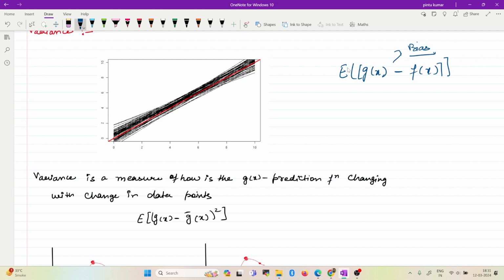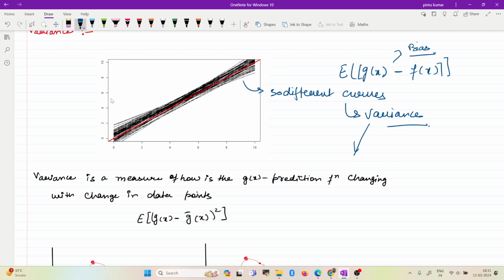Now, there is a possibility that the curves you are obtaining are very far from each other. If you look at the 50 different curves and look at their variance, that is known as the variance of your model.